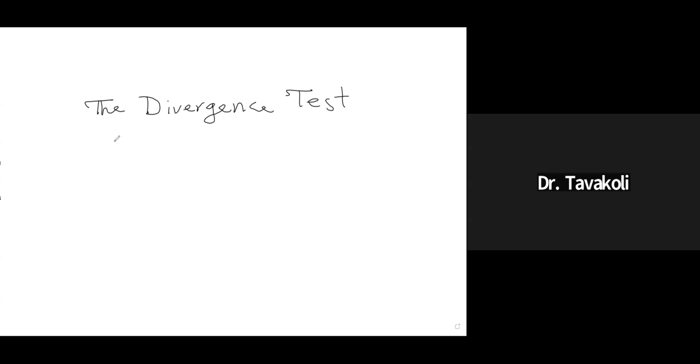Suppose we have a series sigma a_n, and it can start from any integer, let's say 1. It could be from 0 or any other integer up to infinity. And this, as we know, means a1 plus a2 plus a3, and we have infinitely many terms.